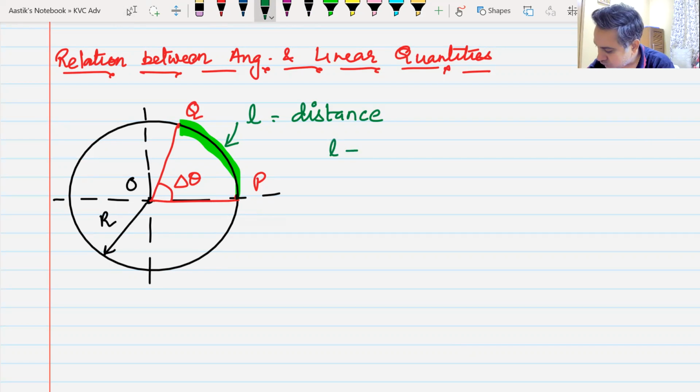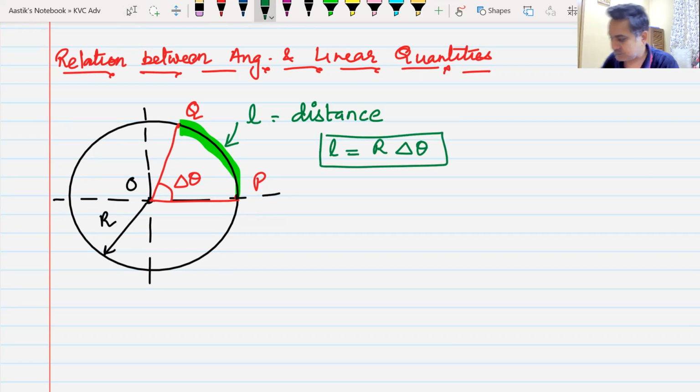This L, how much is that? It is R multiplied by delta theta. The arc of a circle is radius multiplied by the angle. That is the relation between distance and angular displacement. Do we understand this?